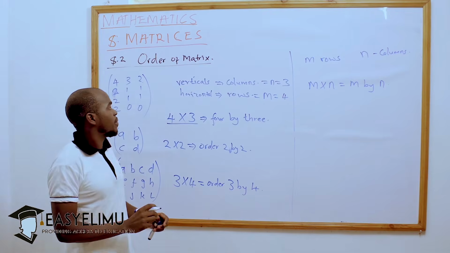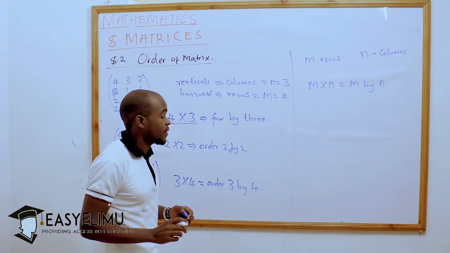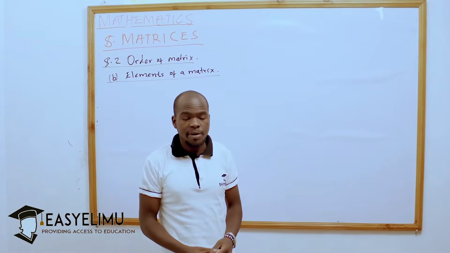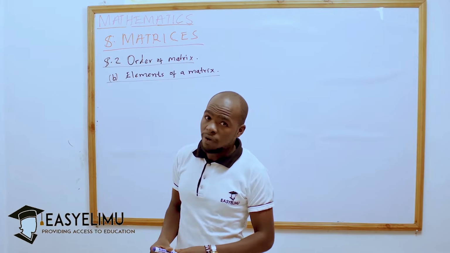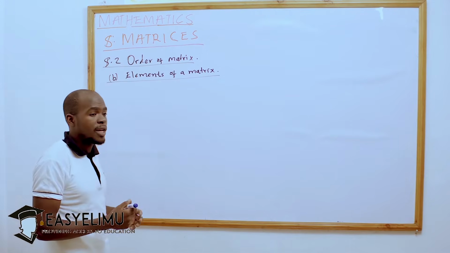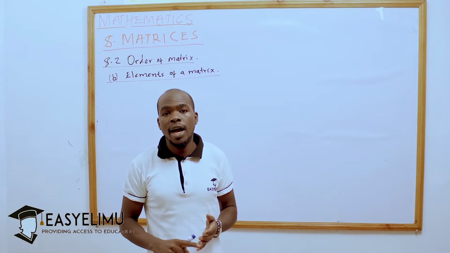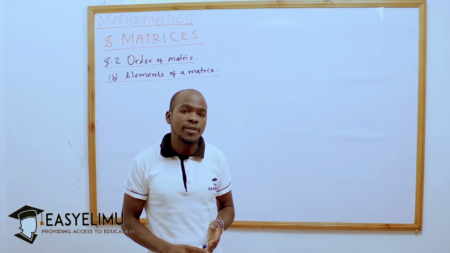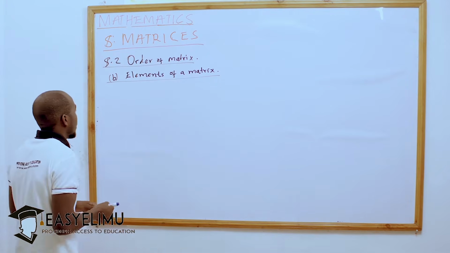That is the order of that matrix. Let's continue and see more about matrices in our next session, where we are going to consider elements of a matrix. Any letters or numbers which are in a matrix are always referred to as elements.